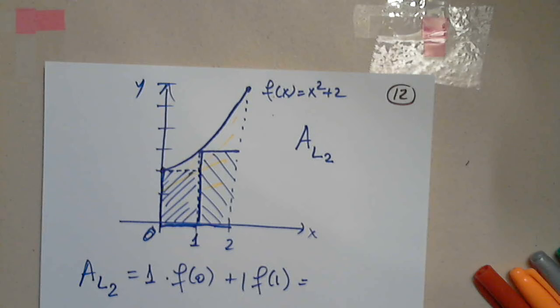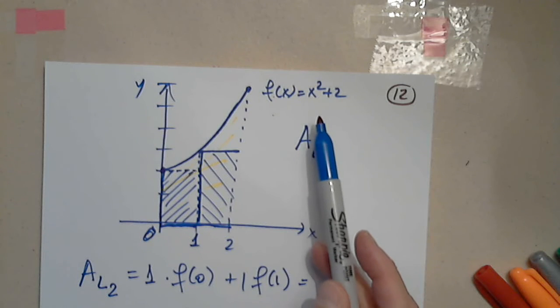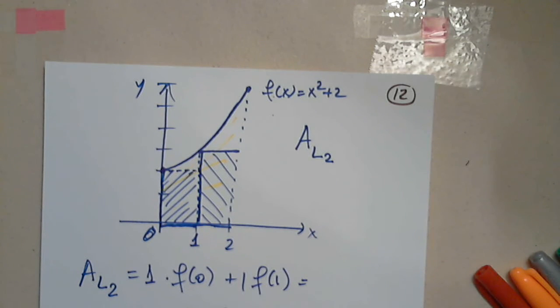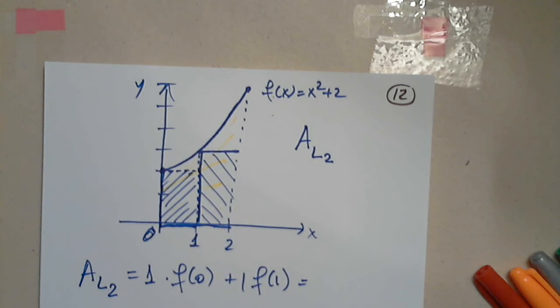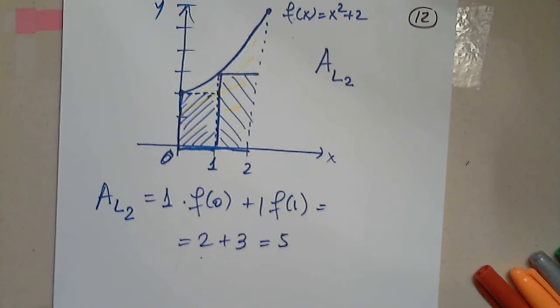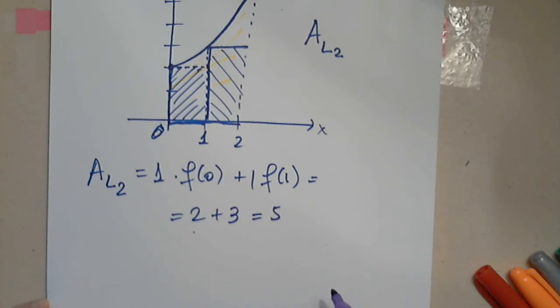F of 0 is 2, times 1 is still 2. F of 1 is 3, times 1 is 3. So here's the approximation: this is the approximate area under the graph of f of x using the leftmost point with 2 subintervals, which is 5.